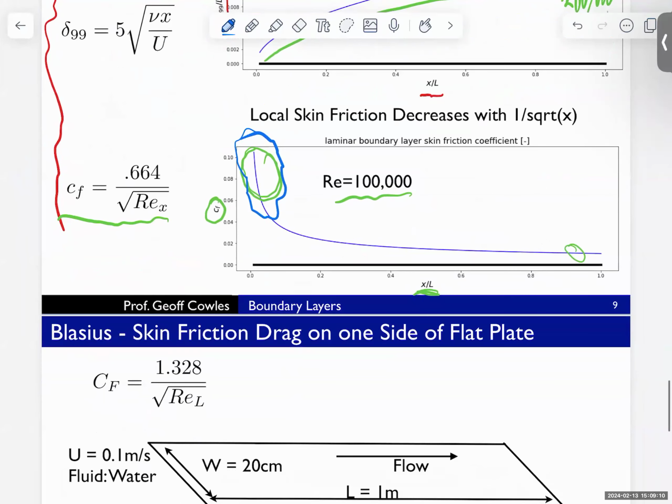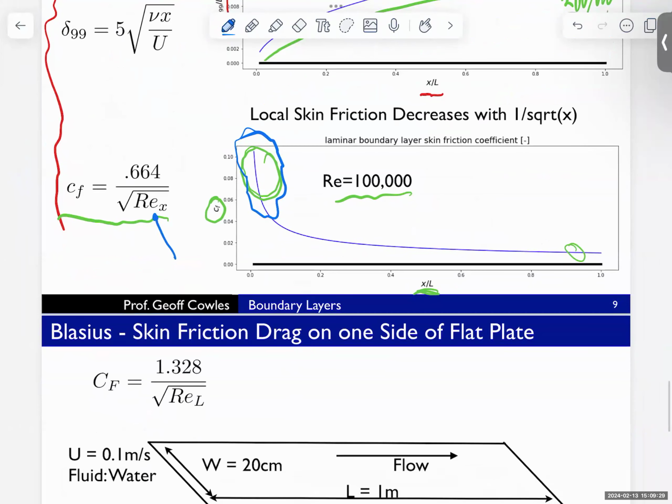Now, if you look at the formula, there is kind of a problem, because as x goes to 0, meaning we go to the leading edge, CF is going to go to infinity. And we know we can't have an infinite skin friction right at the leading edge. That doesn't make any sense. That would mean the drag was infinity. The reality is this formula fails right when you get to the leading edge.